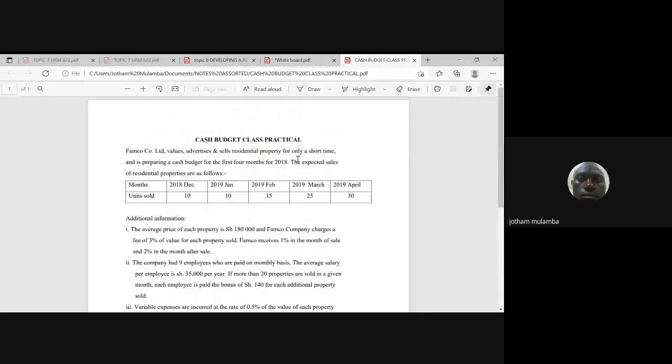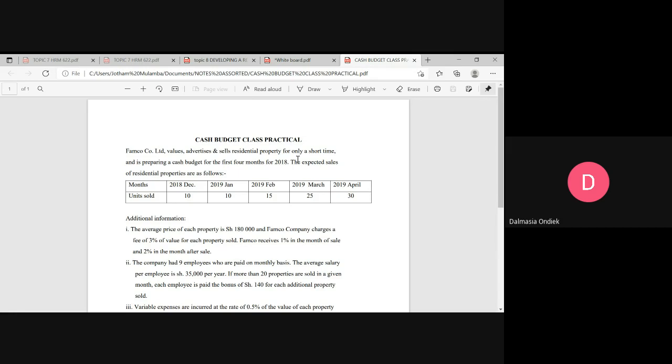Who is volunteering to read the first part? Let me read. Yes, read. Cash budget class practical. Framco Company Limited values, advertises and sells residential property for only a short time and is preparing a cash budget for the first 4 months of 2018.